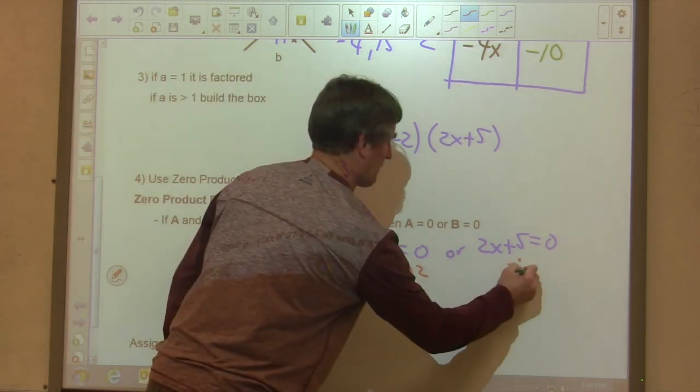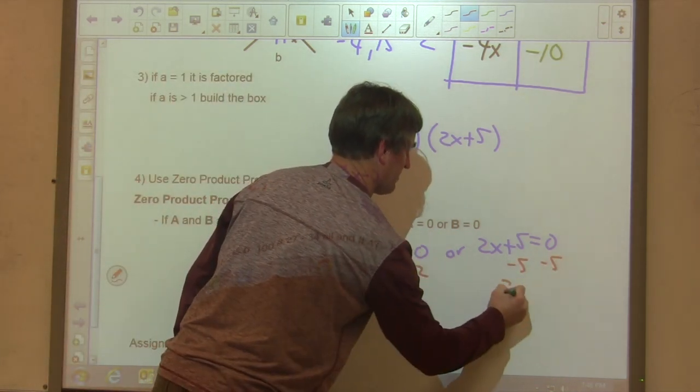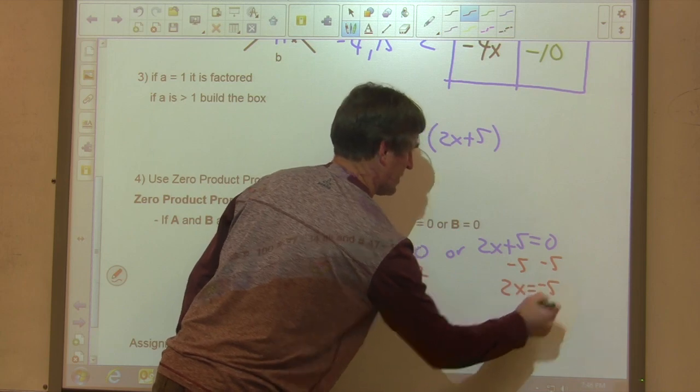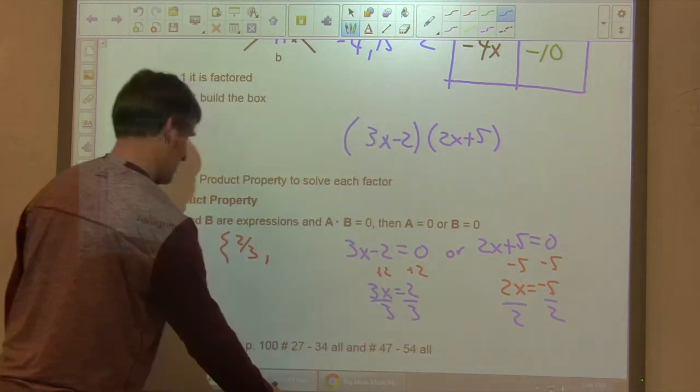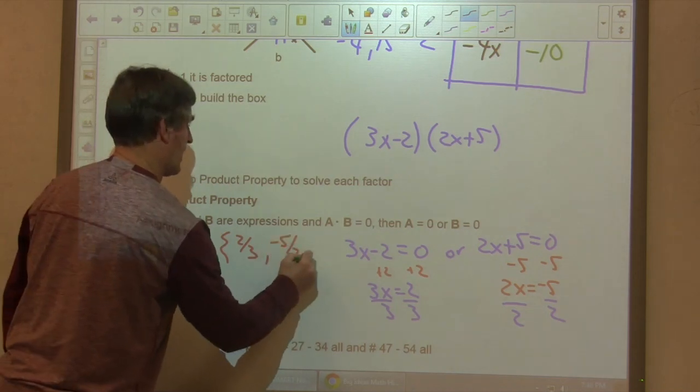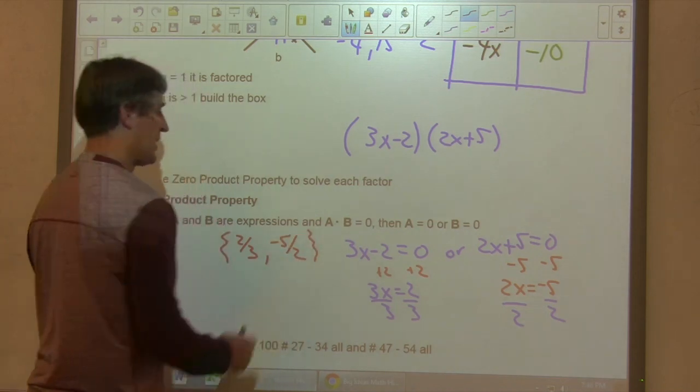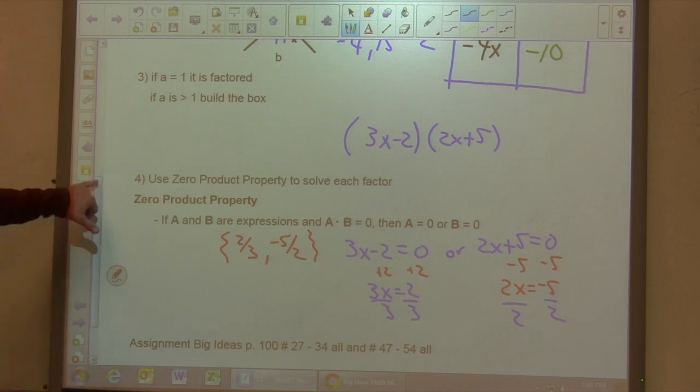Over here we subtract 5, and then divide by 2, and so negative 5/2.